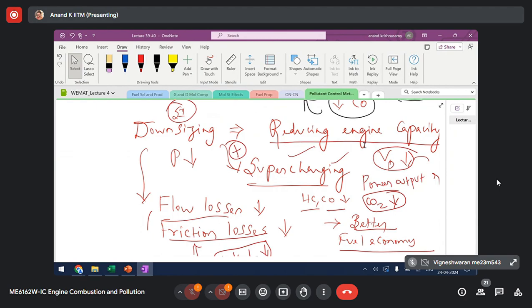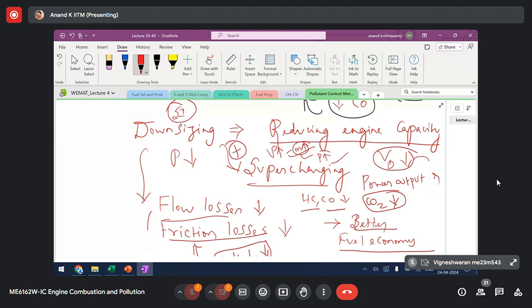No, always there is a trade-off. This is what I said in the beginning. See, if you have to do supercharging, you are using a compressor. Okay, so that will consume some power, but that is more effective in the sense of the power increase you get with supercharging. You are increasing rho, in the sense you are burning more mass. So you have an increase in P because of burning more mass.